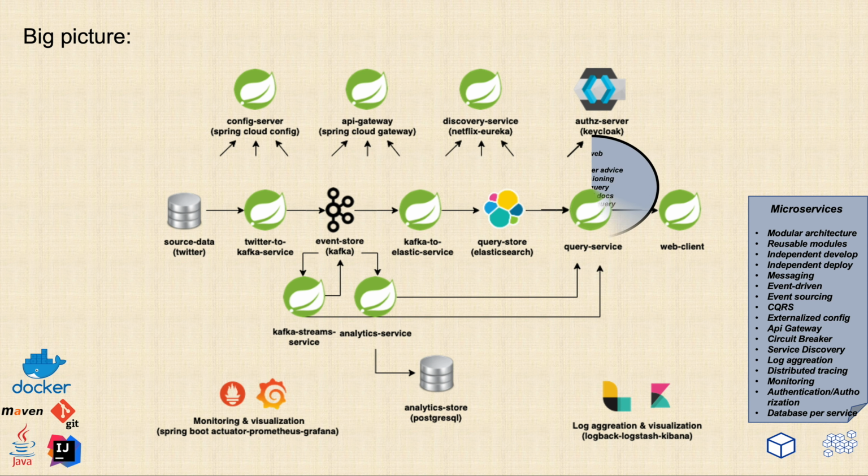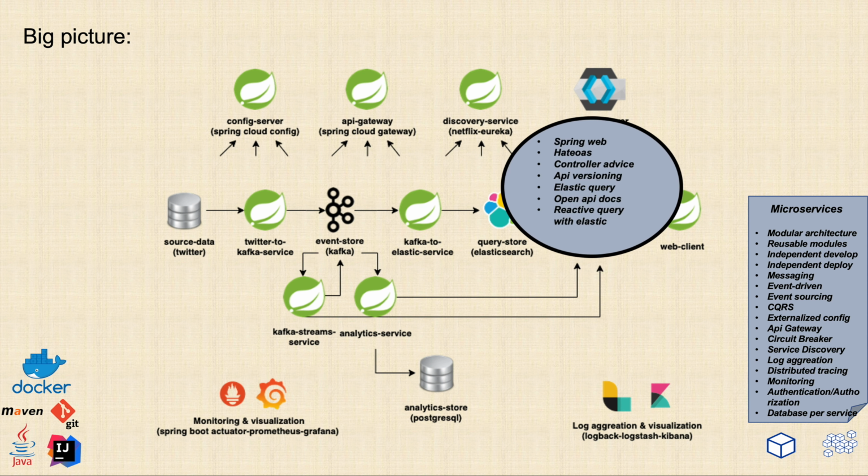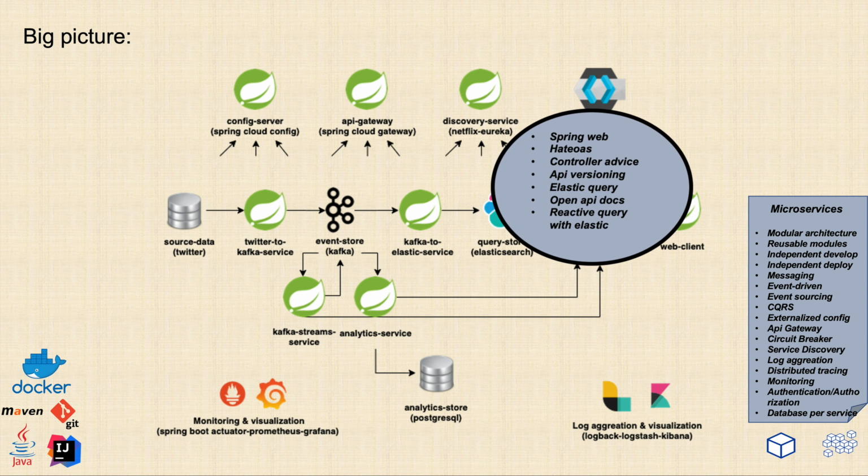Then, having the data on Elasticsearch, you will start writing the Elastic Query Service, which will be responsible for querying Elasticsearch, and it will be your third microservice. In that section, you will go into the details of a web application using Spring Web. You will be implementing HATEOAS, adding controller advice for catching unexpected errors and exceptions, adding API versioning for your endpoints, and adding OpenAPI documentation to your APIs, where you will be using Swagger as the implementation.